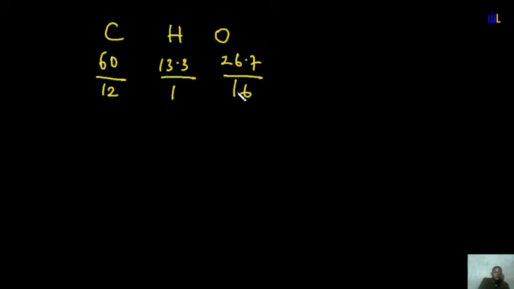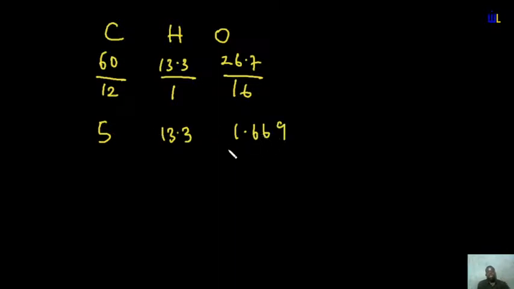If we do this, what are we going to get? 60 over 12 is 5. 13.3 over 1 is 13.3, and then 26.7 divided by 16 is going to give us 1.66. Now it's important that you use at least 3 decimal places, so that's going to be 1.669. Now this is step 3.